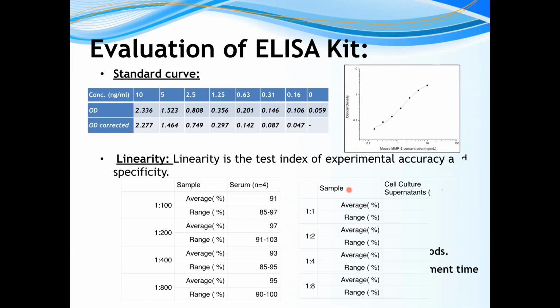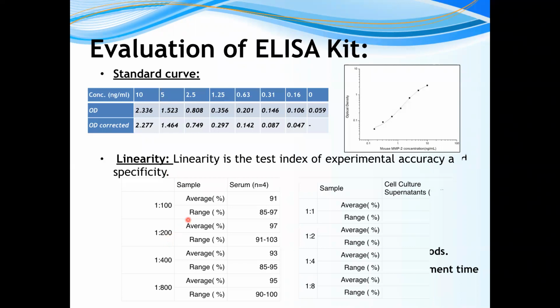Next is the linearity. Linearity is the test index of experimental accuracy and specificity. To assess the linearity of the assay, all the samples, meaning serum, plasma, and the known concentration of samples, were spiked with high concentration of analyte in various matrices and diluted with sample diluent to produce samples with values within the dynamic range of the assay.